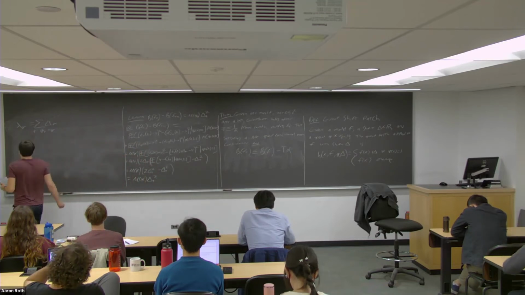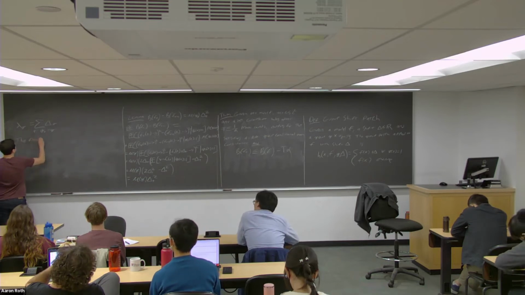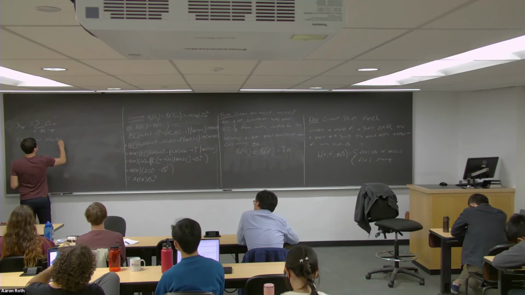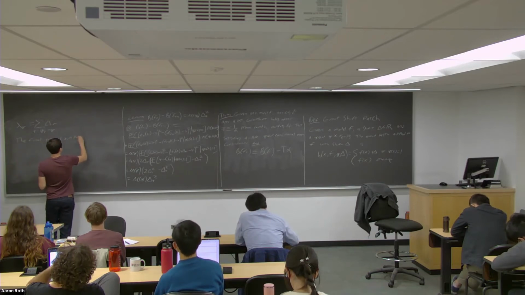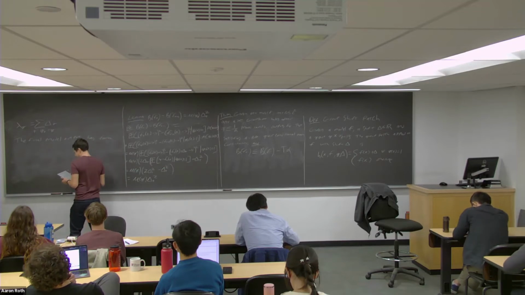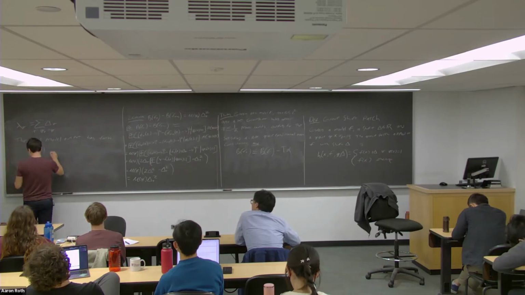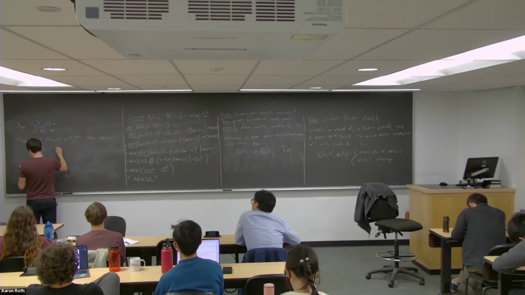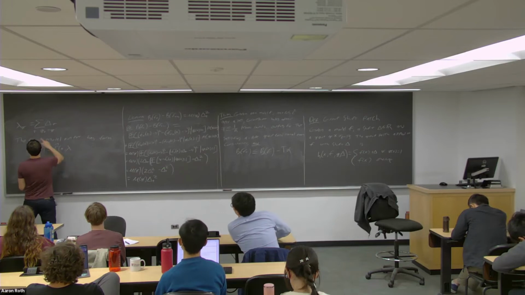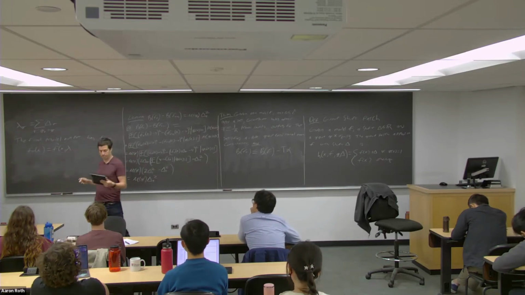Then I claim that the final model output has the following form. I'm going to write it as a function that's parameterized by lambda, which you can think of as a vector with one entry for every group.